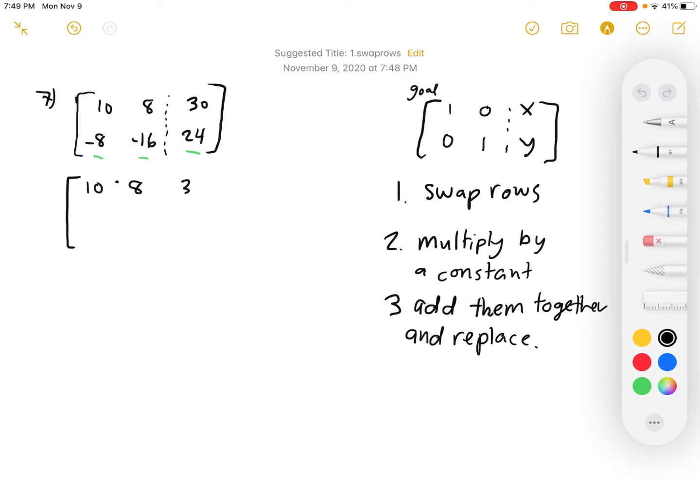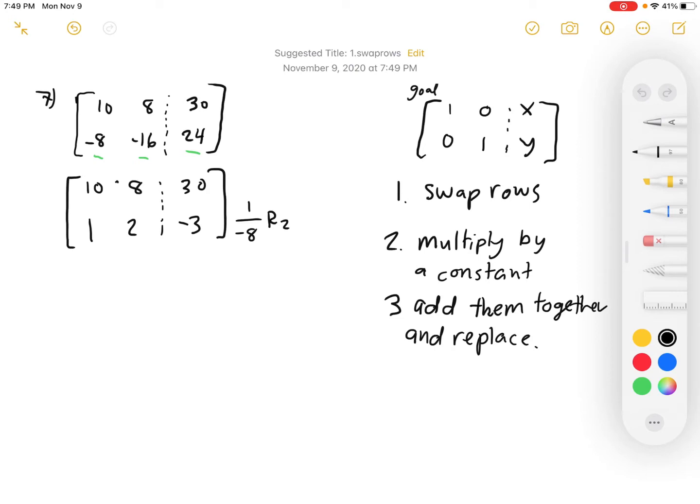Remember, you can only do one thing to a row at a time. Don't try to do too much, you will make mistakes. But let's just multiply the second row by 1 over -8 and see what we get. Well, that'll become 1, that will become 2, and this will become -3.